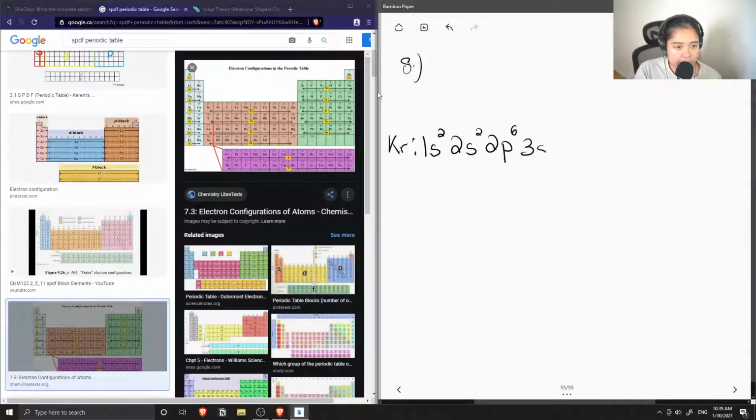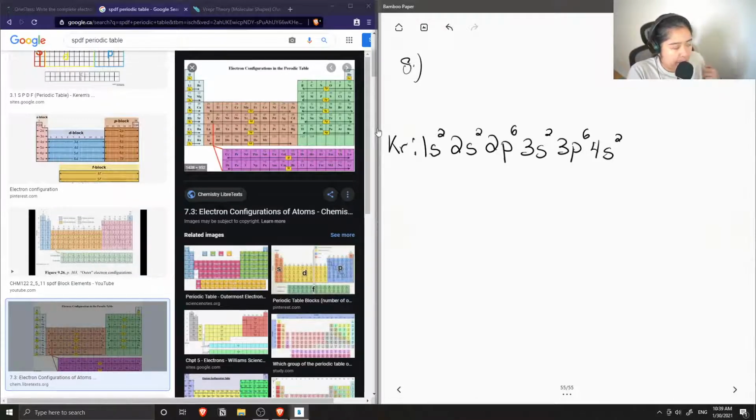Next row is 3s2. Moving over, we write 3p6. And then 4s2. And then once we get to the D block, you'll notice that the row number is -1.